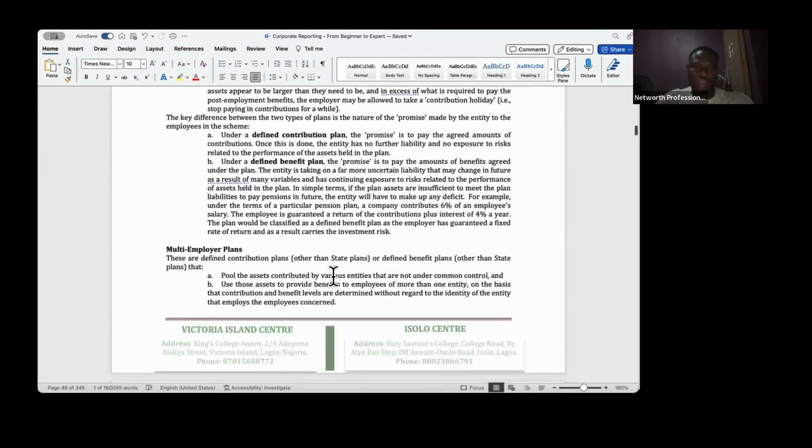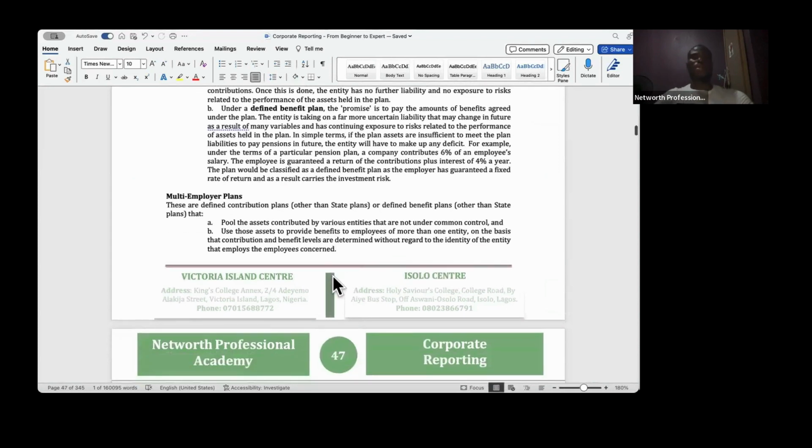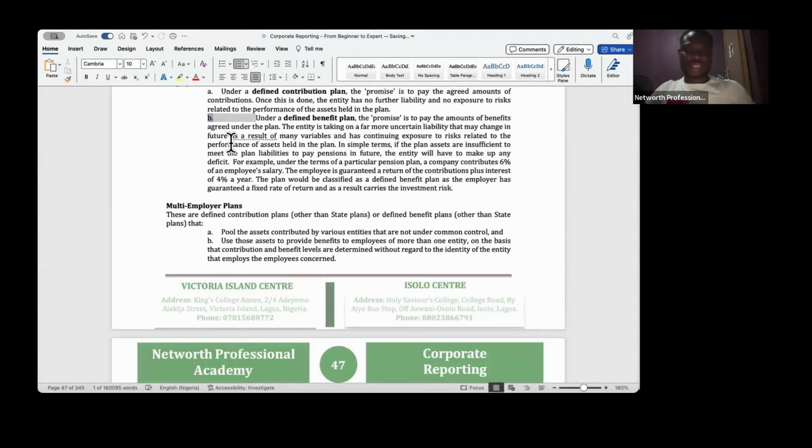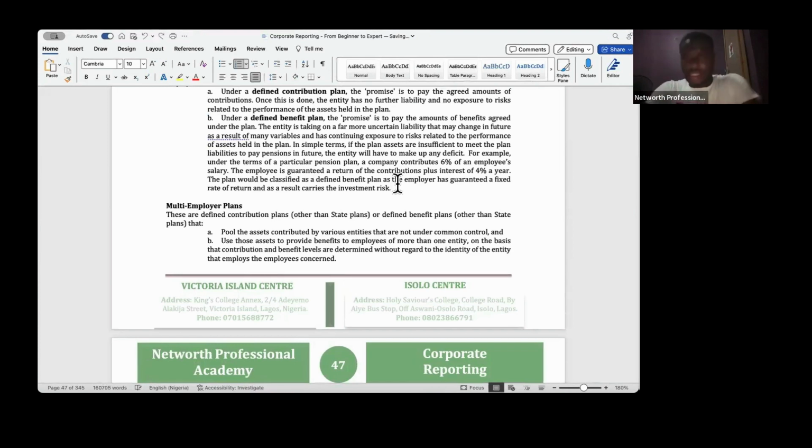Now, this one. See, for defined benefit plan, the dynamics is quite different here, in the sense that the obligation the employer has is beyond contribution.